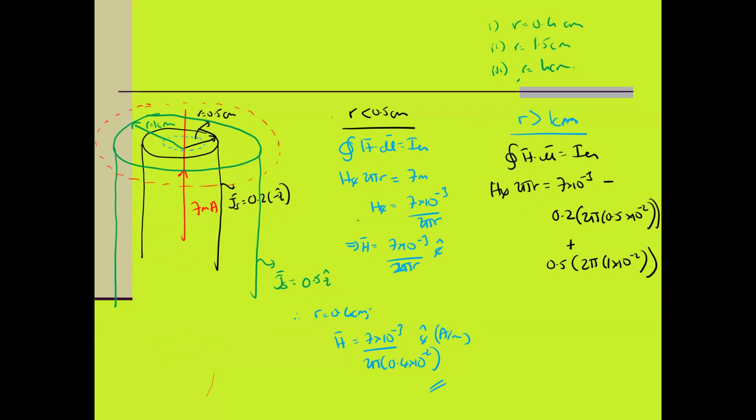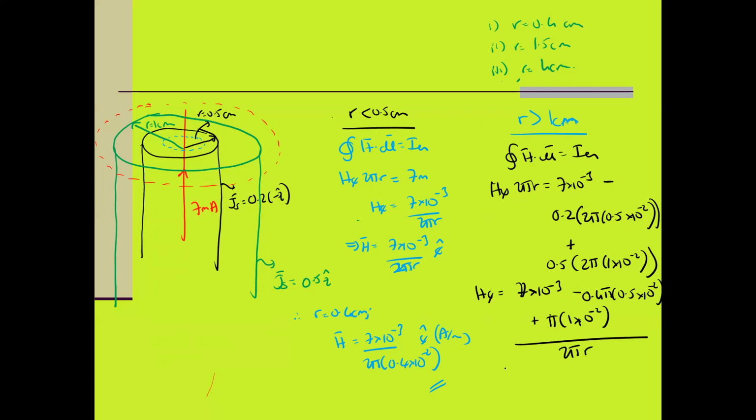Following this, H phi will be equal to 7 times 10 to the power negative 3, minus 0.4 pi times 0.5 times 10 to the power of negative 2, plus pi times 1 times 10 to the negative 2, and all of this divided by 2 pi r.